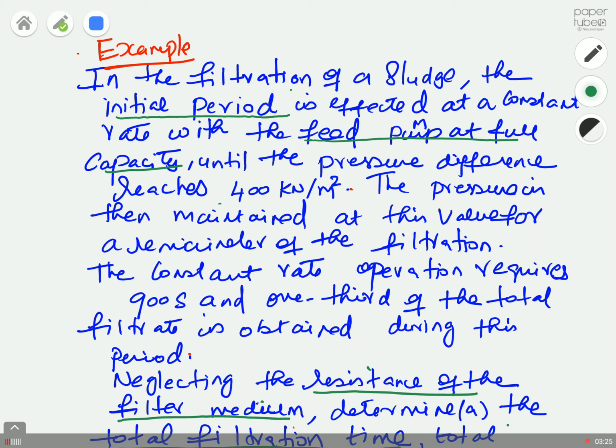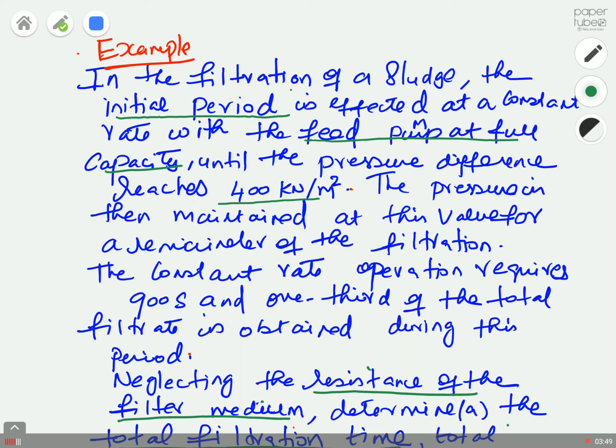But once the pressure reaches 400 kilonewtons per meter squared and some cake has built up, we maintain a constant pressure for the rest of the filtration. Until you finish the whole process, the filtration will be performed at constant pressure.